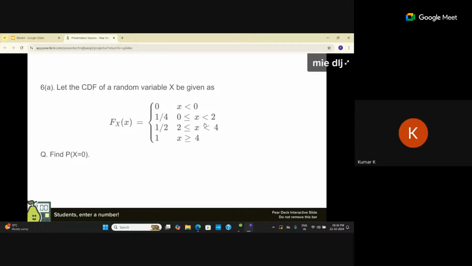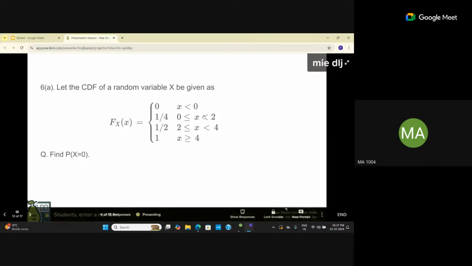So apart from 0, 2, and 4, where there are jumps, everywhere else it will be 0. The random variable x is taking value 0, 2, and 4. So at those points we will be getting the probabilities. Elsewhere it will be 0.